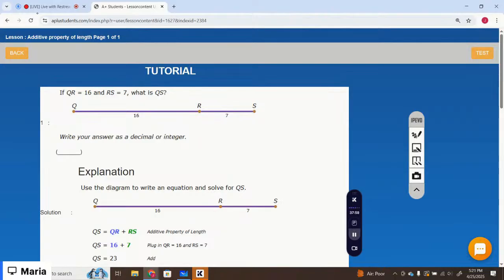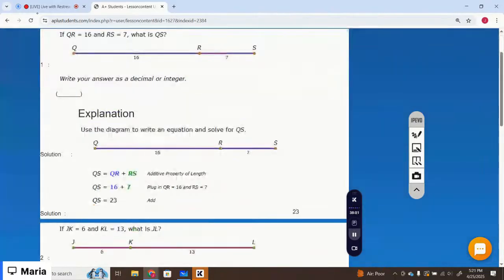So for QS, you need to add QR and RS. QR equals 16 and RS equals 7. So 16 plus 7 is 23. QS equals 23.